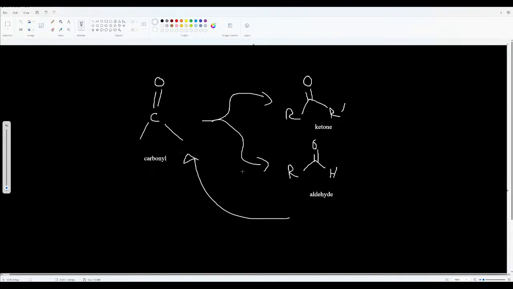So you really only have to know what a carbonyl is and recognize that both of these are carbonyls. But a ketone is not an aldehyde. Not all carbonyls are aldehydes, but all aldehydes are carbonyls. And you can say that about ketones. Not all carbonyls are ketones. Just remember this double bonded C to an O, and you're golden.